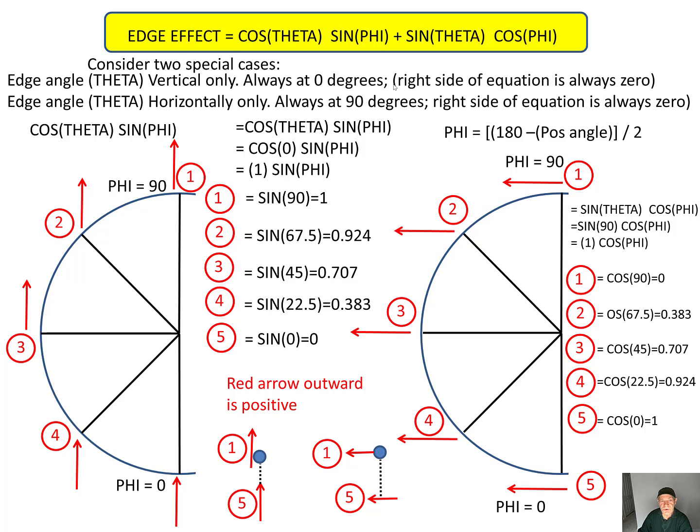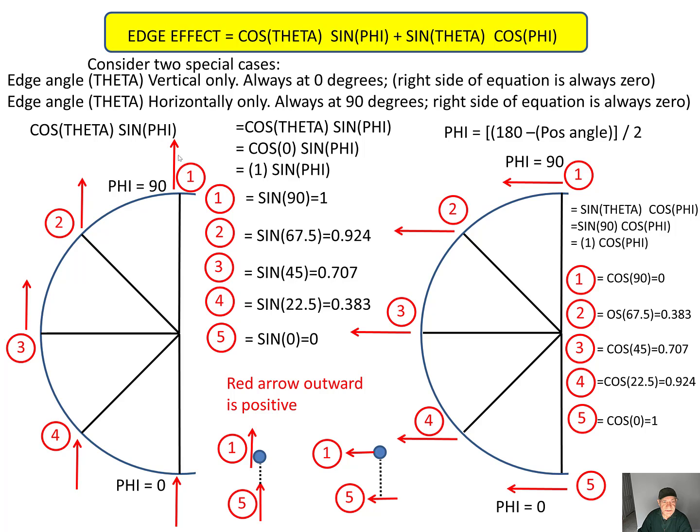So theta is always at 0 degrees, and therefore the right side of the equation is always 0, since sine of 0 degrees is 0. So we only have the left hand side for this case as part of the formula.